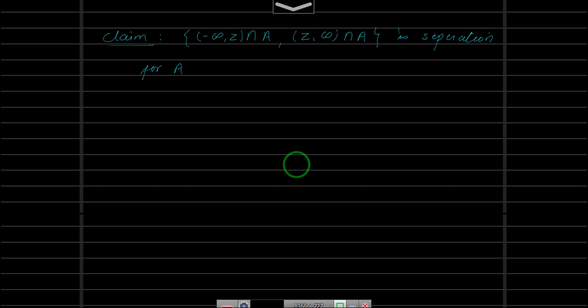In the next video, we will prove that if A is a connected subset of X, and suppose U and V is a separation for X, then either A will be in U or A will be in V. Okay, I repeat, if A is connected, suppose you have a whole space X, we don't know whether X is connected or not, but you have a subset of X which is connected, and suppose this X has a separation.